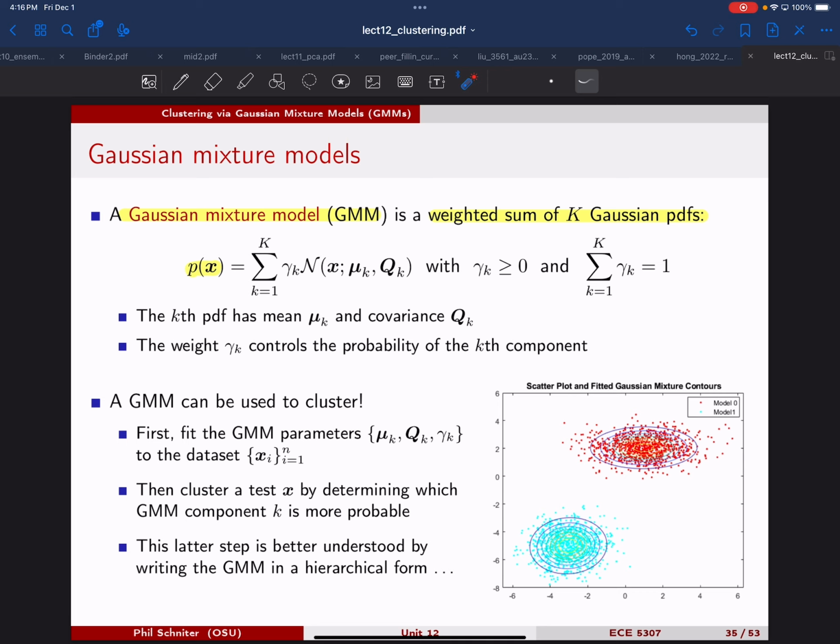So the way that we do clustering with a Gaussian mixture model, step one, we fit the parameters of our model, all these guys here, to our data set. Now, once we have that model, it's going to be relatively easy, we'll see how, to determine for a given x, let's say my x is over here, whether this is more probable, or whether this one is closer. And that's how we can do clustering.